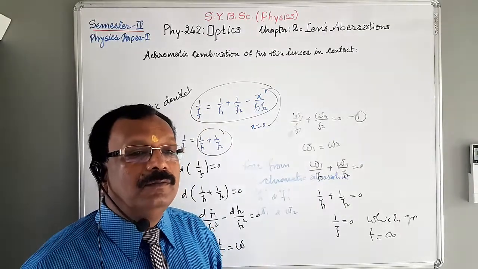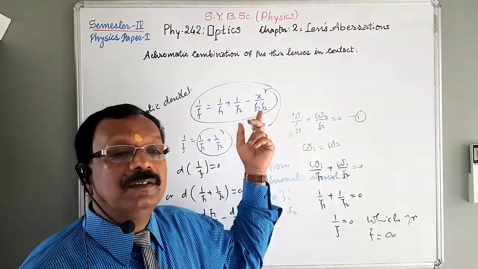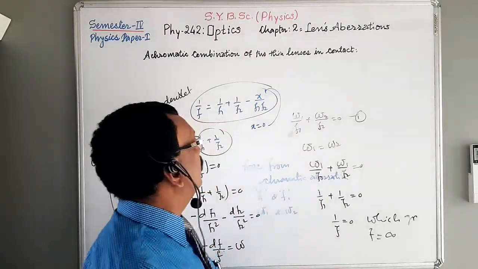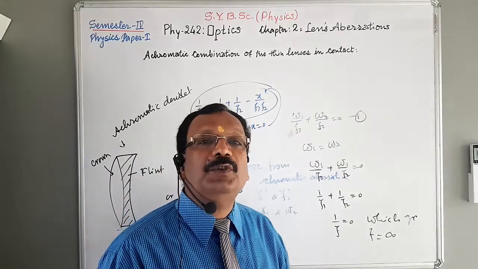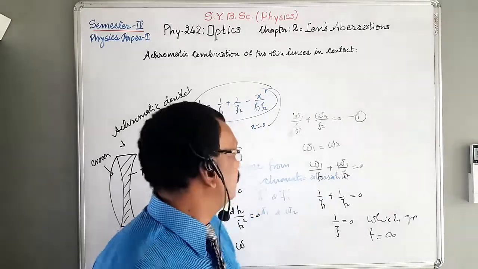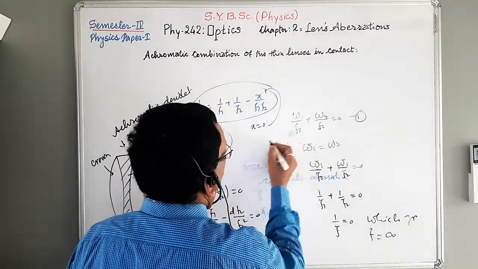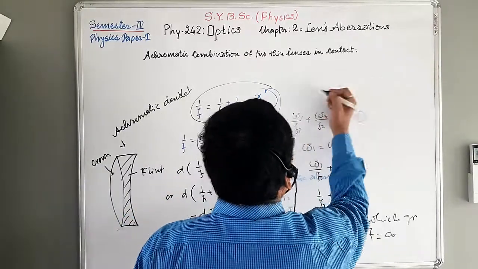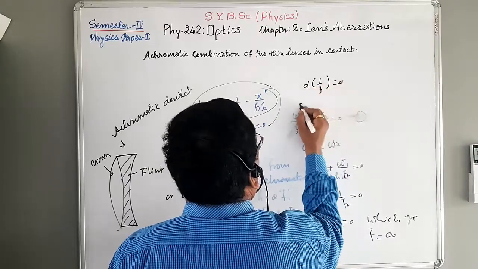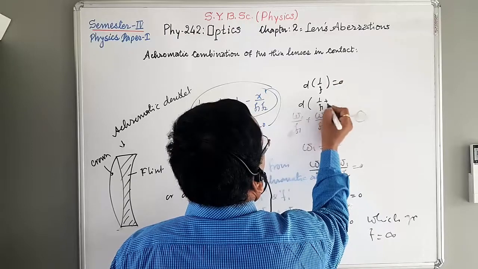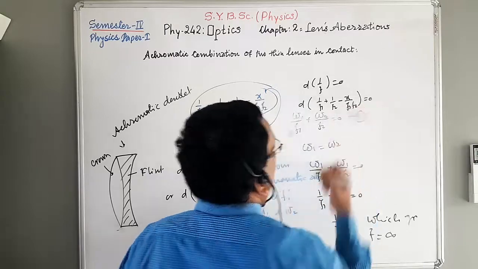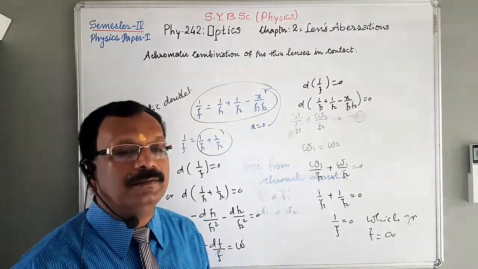Now, when we have this equation, it is noted that for an achromatic combination, the focal length for different wavelengths should be the same. That is, there should be no change. So, what happens here? d of 1 upon f is equal to 0, that is, d of (1 upon f1 plus 1 upon f2 minus x upon f1 f2) is equal to 0.